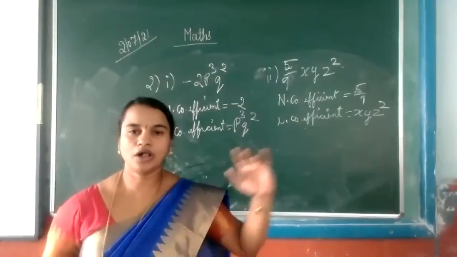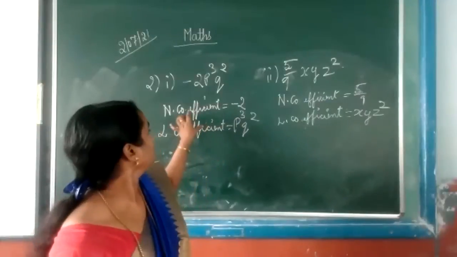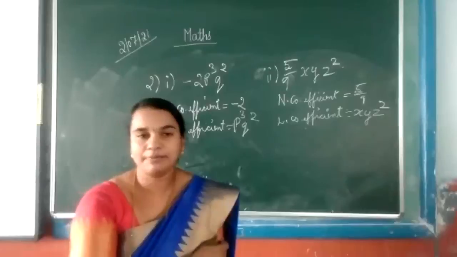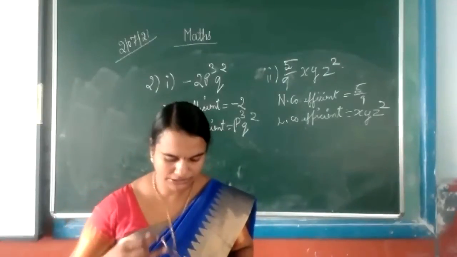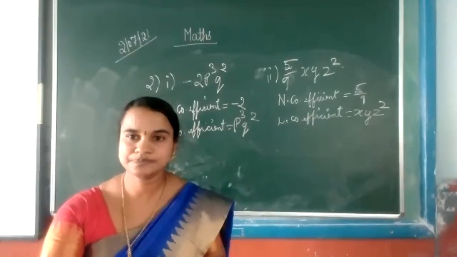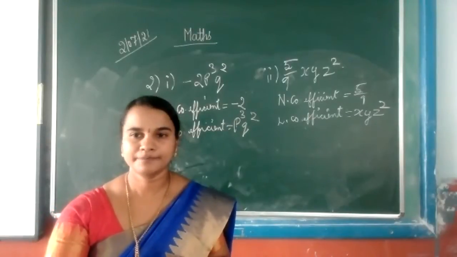Clear? All the counting numbers, the numerical numbers which we are getting, that is the numerical coefficient, and the remaining will be the literal coefficient. So the remaining will be homework: third, fourth, fifth, sixth. Okay, easily you can do now. You can do now, Aditi? Yes.